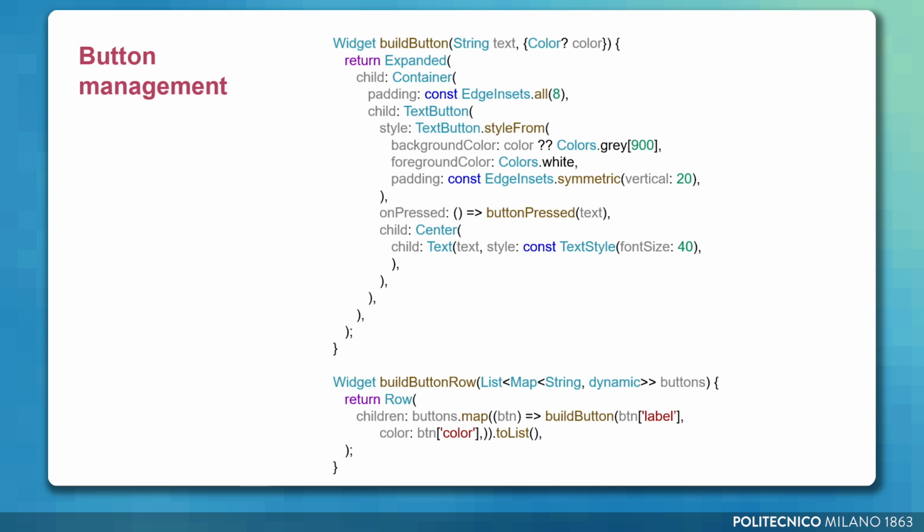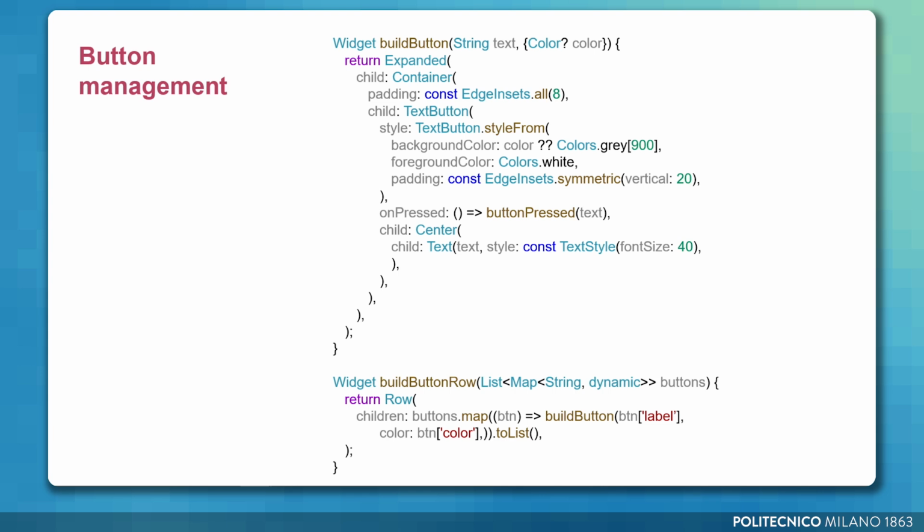The build button row method constructs a horizontal row of buttons. It takes a list of maps where each map specifies the properties of a button, including a required label and an optional color. This method returns a row widget calling build button for each map entry.